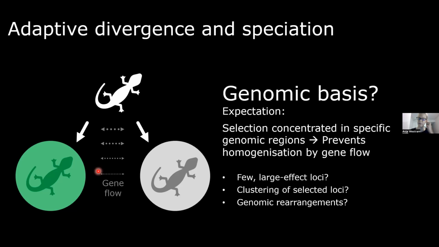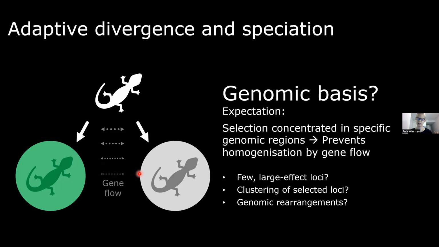What we very generally expect, and I will not go into the theoretical details now, is that if divergence happens in the face of gene flow, genomic divergence is concentrated in specific, relatively limited genomic regions.